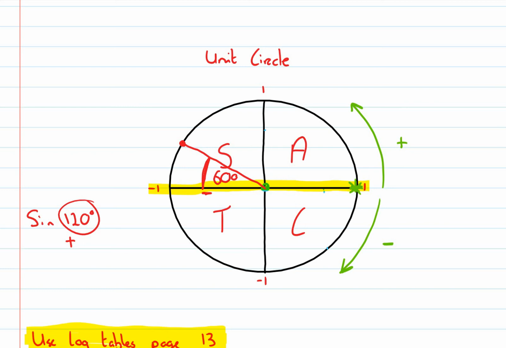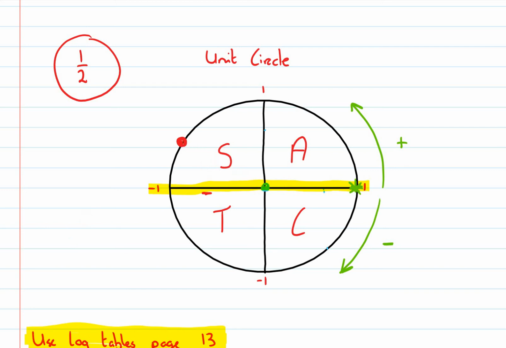Okay, so instead of looking now for 120 degrees, we're looking for the sine of our reference angle, which is 60 degrees. And if we look in our log books, the sine of 60 degrees is root 3 over 2. Okay, so this point here in surd form. Now we ask ourselves, is it plus or minus?